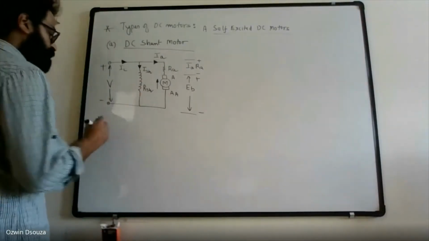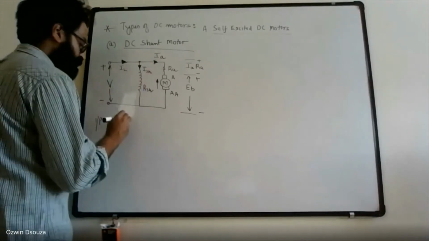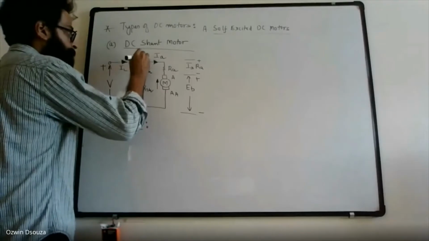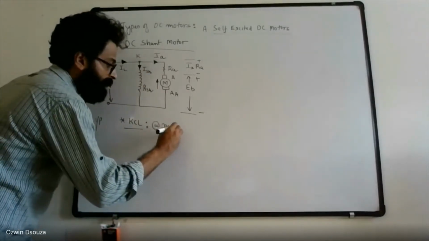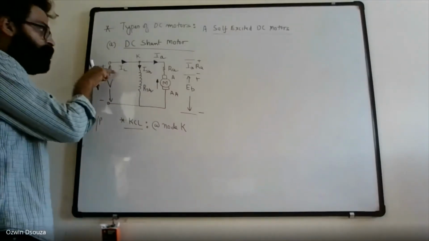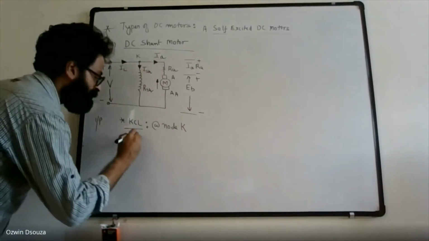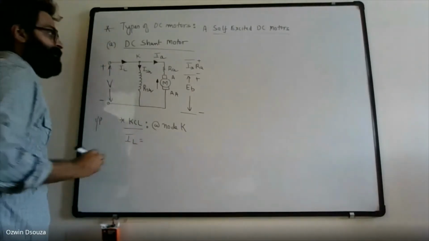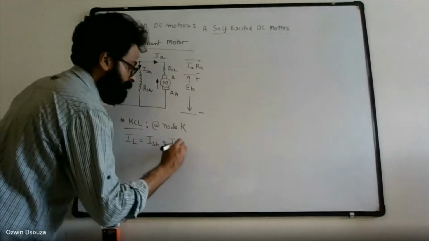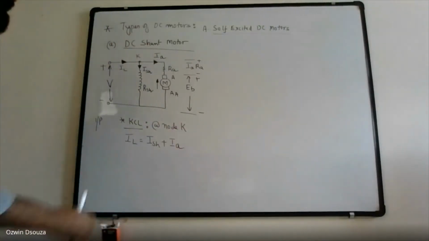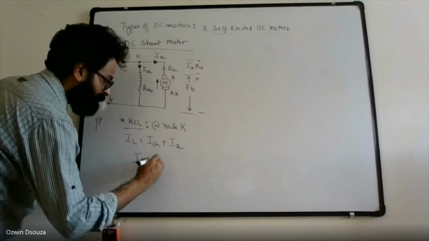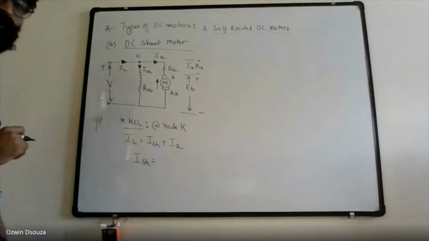Fine, so let us first apply KCL at node K. We get one incoming current and two outgoing currents. So IL is equal to Ish plus Ia, where Ia is the armature current and Ish is the field current.